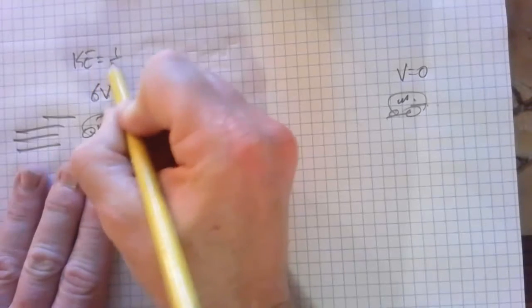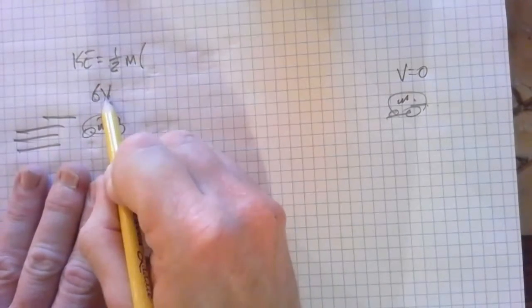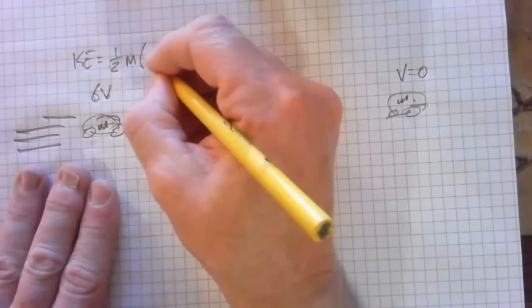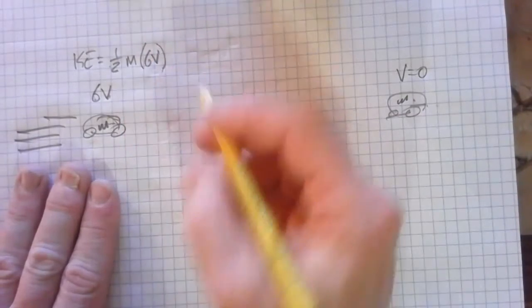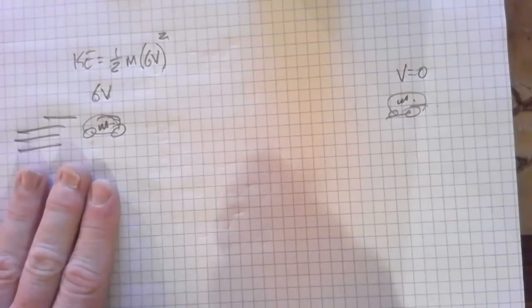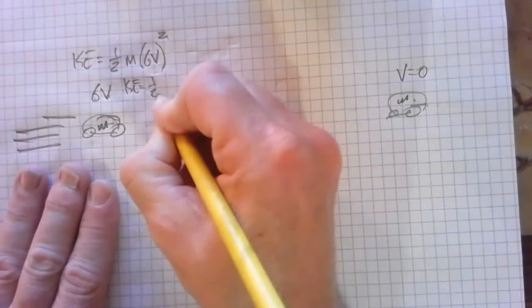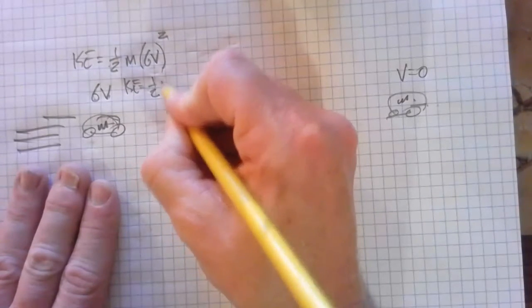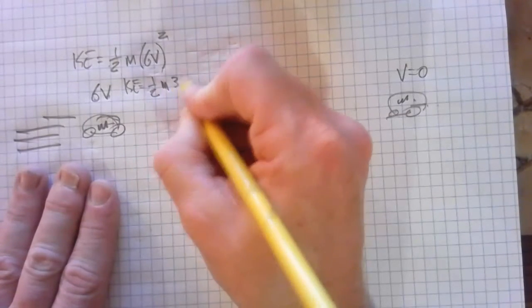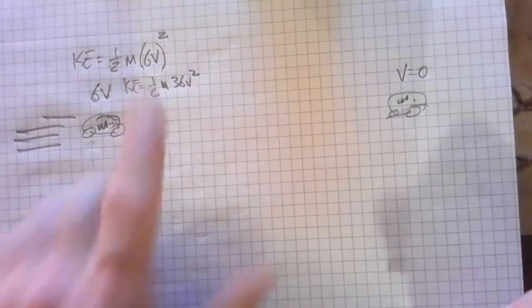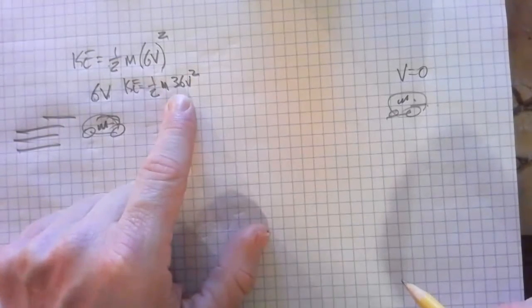Well, it's going to be 1/2 the mass. The velocity is what we're calling 6v, 6 times the other one, but remember, we square that. So your kinetic energy at the beginning is 1/2 m times 36v squared.